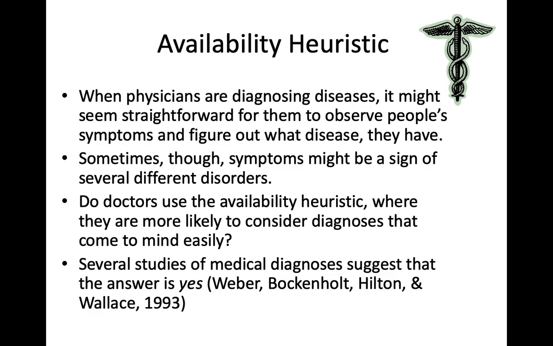And if you have ever known somebody that has been misdiagnosed by a physician, it could have been because they were presenting symptoms for a rare disease, and the doctor went with a much more common diagnosis because that's what they're familiar with. That's what came most easily to mind. All right, so that was availability.